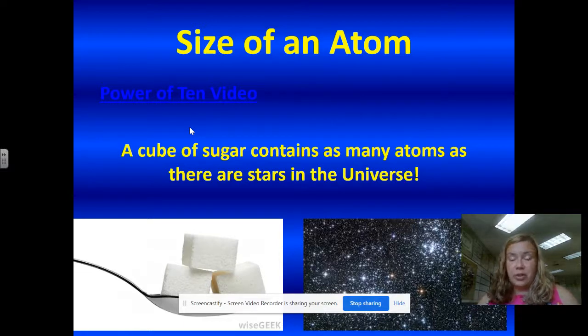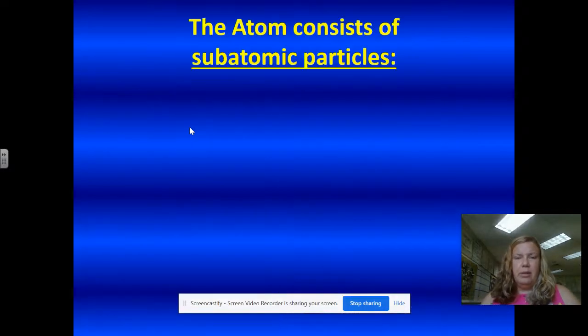Obviously, we don't know for sure how many stars there are in the universe, but we can also say we don't know for sure. No one sat there and counted the number of atoms in a sugar cube. However, we have counted the number of atoms in a very small space, and we do know the mass of the atom. So we can approximate the number of atoms based on all that.